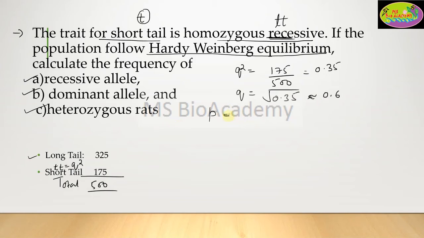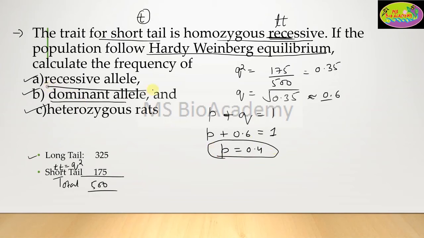Simple, because p plus q is equal to 1. If I put the value of q here, p plus 0.6 is equal to 1. So p is equal to 0.4, correct? Now we got the dominant allele frequency, which is 0.4, and the recessive allele frequency, which is 0.6.